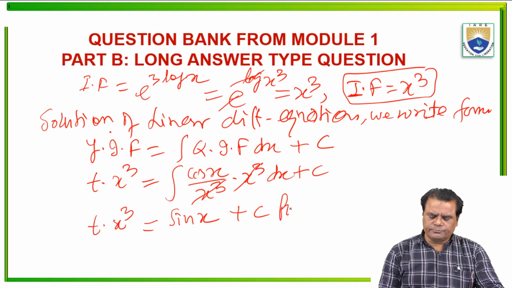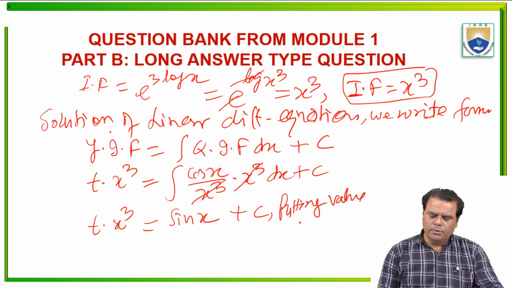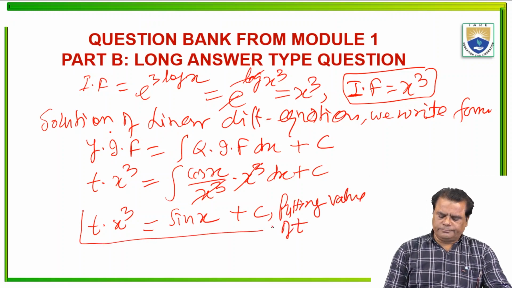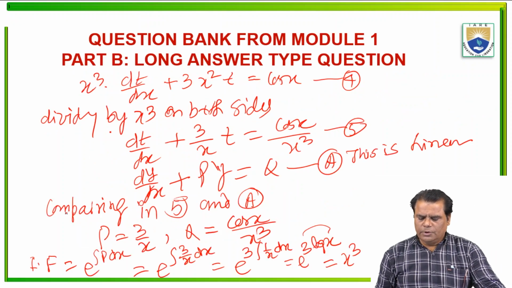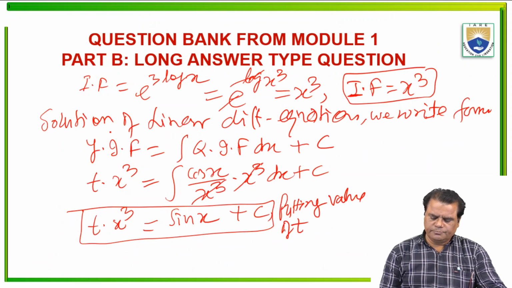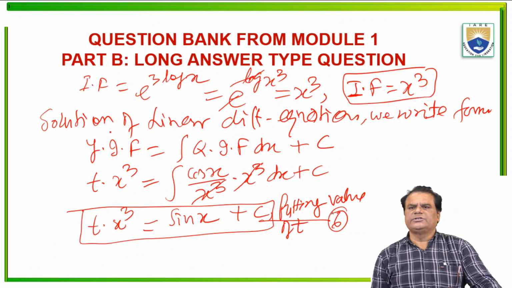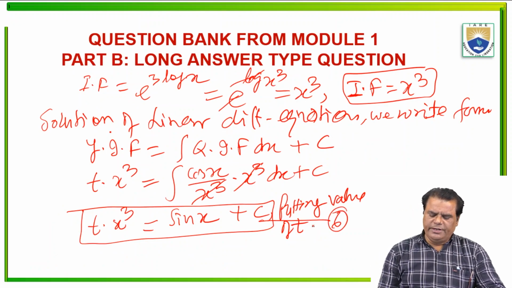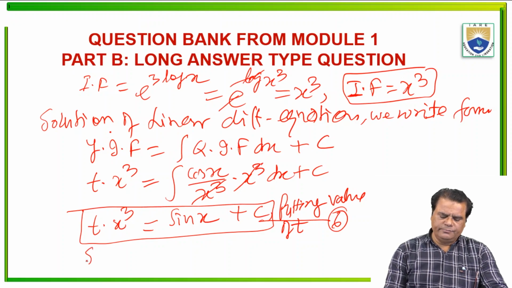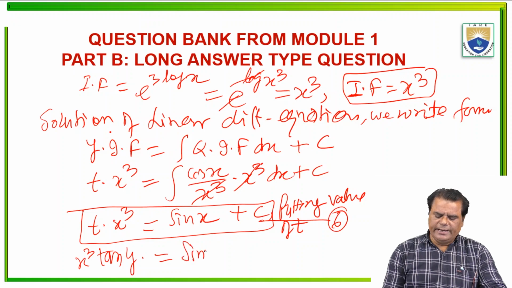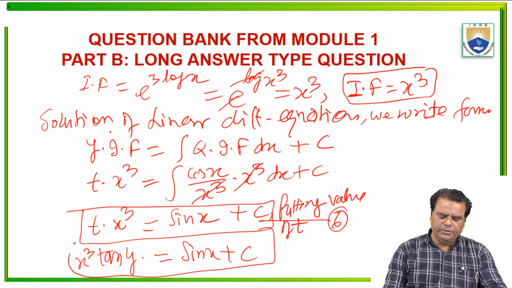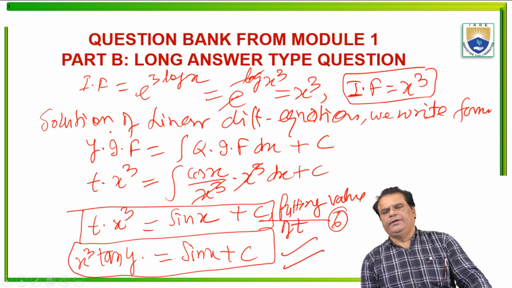Putting the value of t, this equation is the 6th equation. Putting the value of t, t is tan y. tan y into x cube equal to sin x plus c. So this is the complete solution of problem 3.